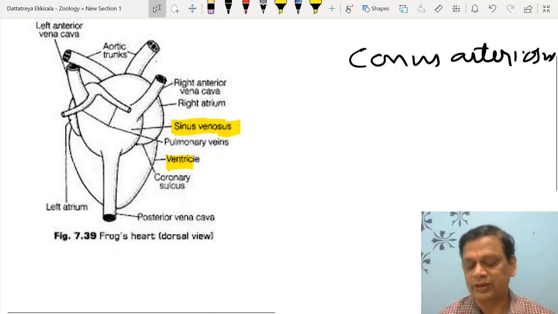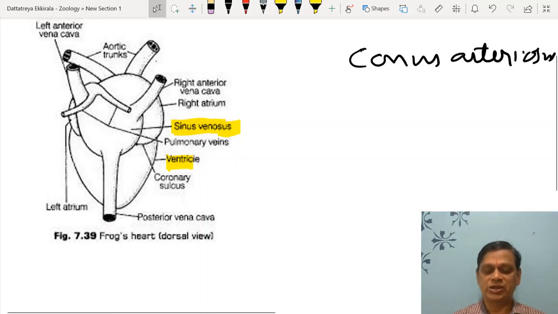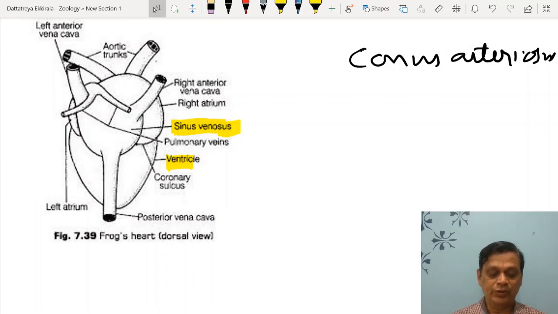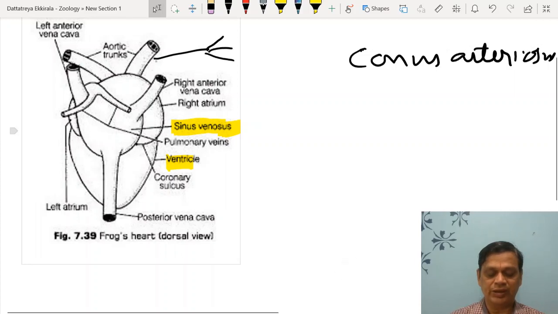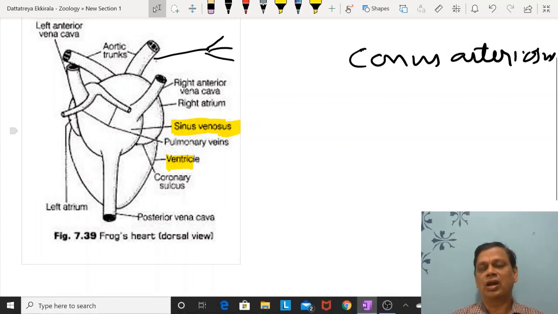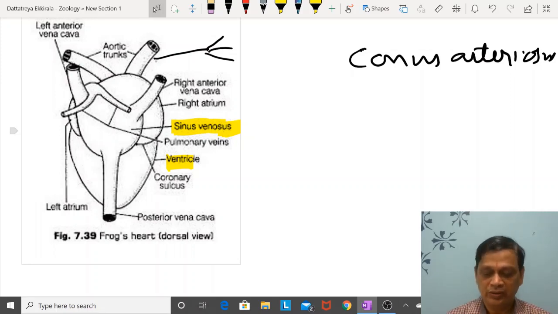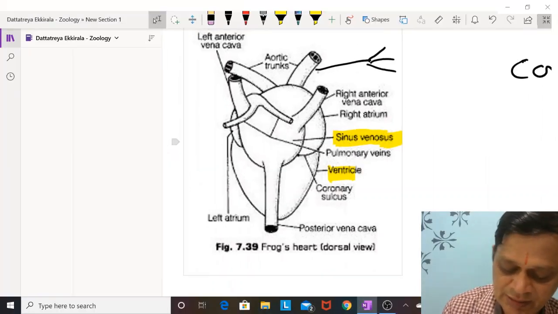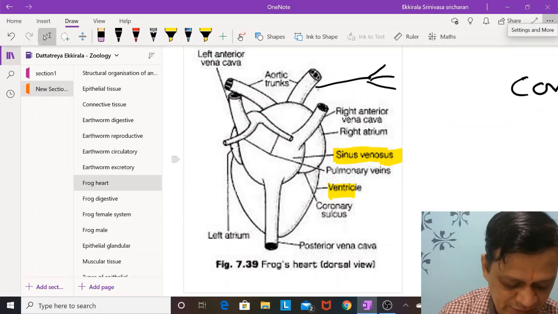It forms the pulmonary arch, systemic arch, like that. So pulmocutaneous, systemic, and carotid, these all arise from the conus arteriosus, two main branches. Each one will again give rise to three, like this. So on the right side, even though it is receiving from various parts, and the left side receiving from lungs, both of them get mixed in the ventricle. Then that is about the circulatory system.